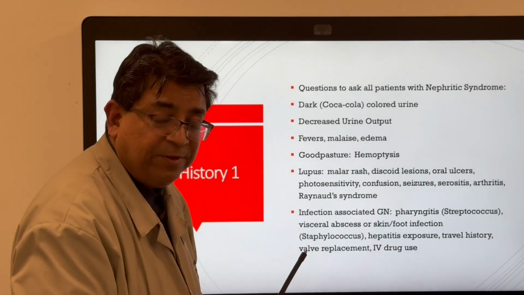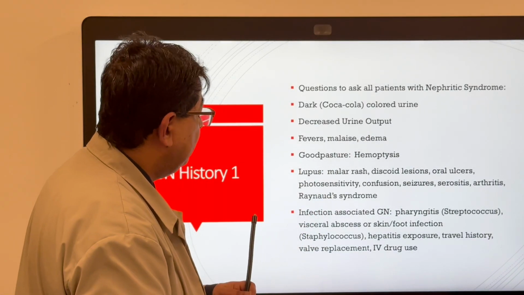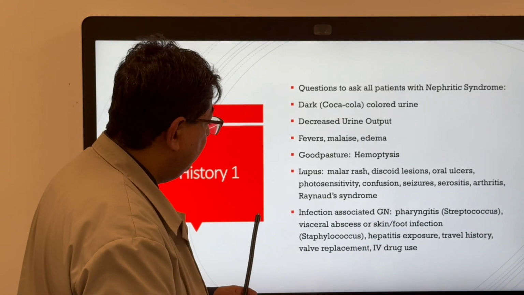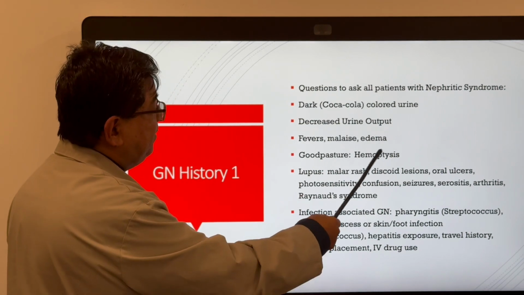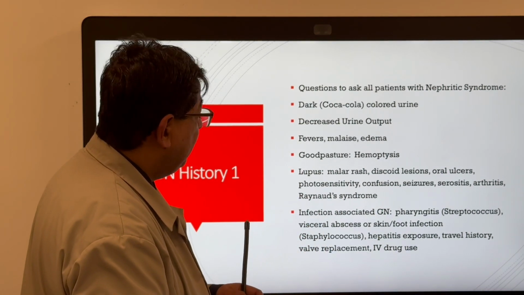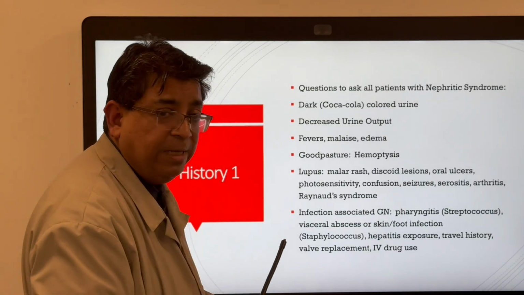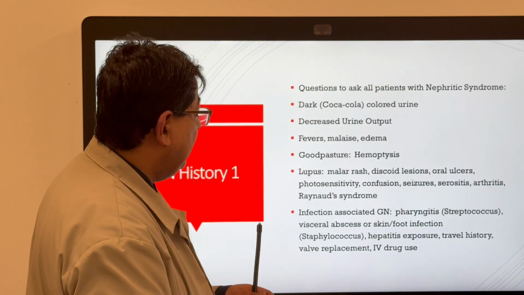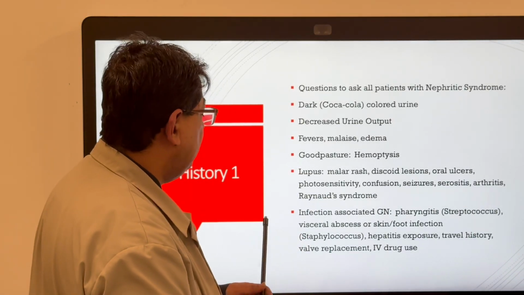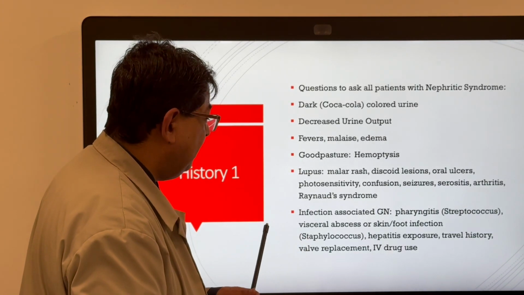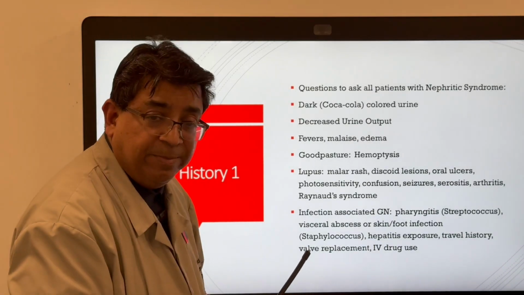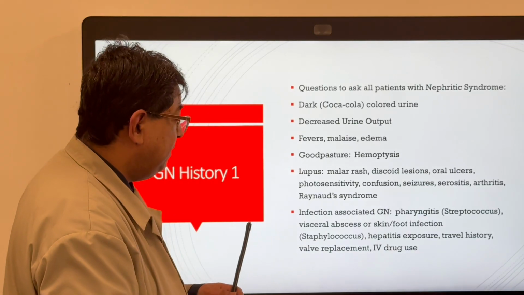These are non-specific questions, but important questions, because they're very common in the glomerulonephritis scenario. Of course, I should always ask about hemoptysis, because Goodpasture's would be easy to rule out, and also important to consider, because the treatment is effective. And lack of treatment is very detrimental.